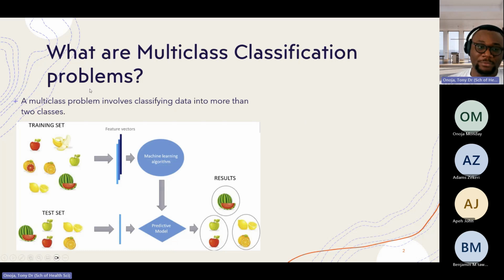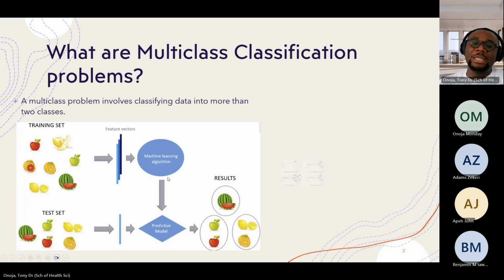So remember the first one we talked about, if you're classifying fruits here, you could see we have a banana, an apple, an orange, a lemon, pineapple, and all that. Then you feed it into the machine, and you're supposed to classify them, for example, into three classes: the watermelon on its own, the apple, and then the oranges.